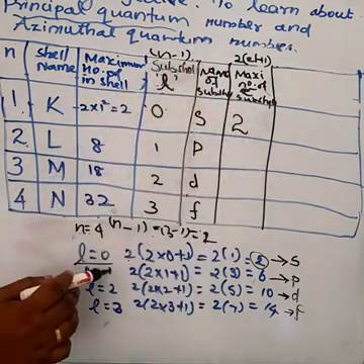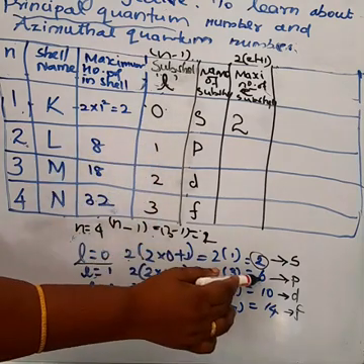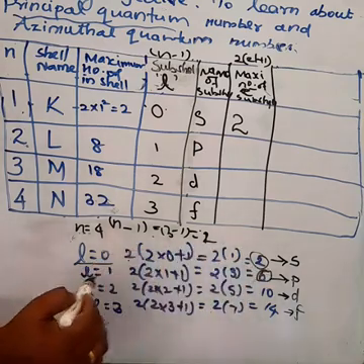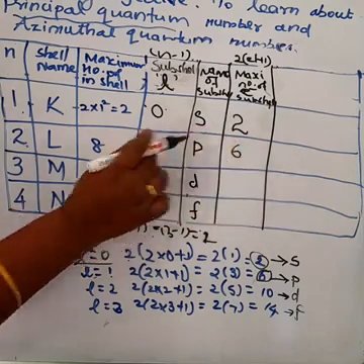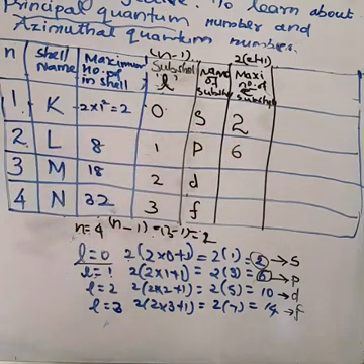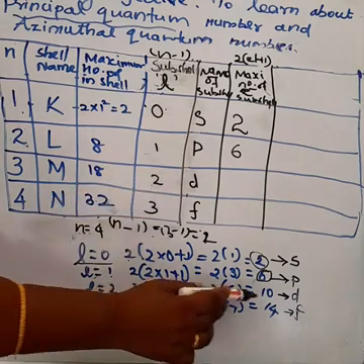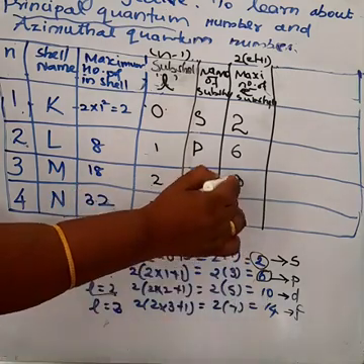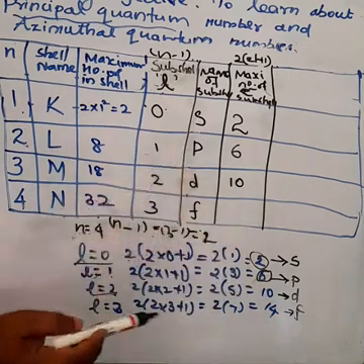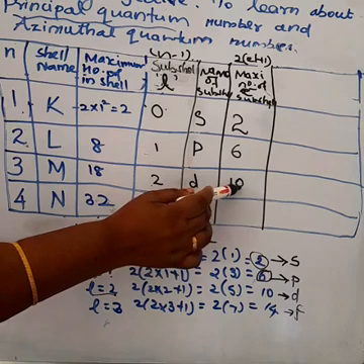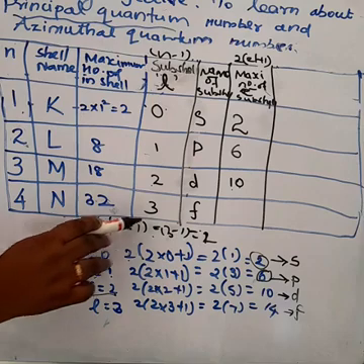We can accommodate 6 electrons in the P subshell. When L is equal to 2, which orbital? D orbital. The maximum number of electrons we can accommodate in the d orbital is 10.